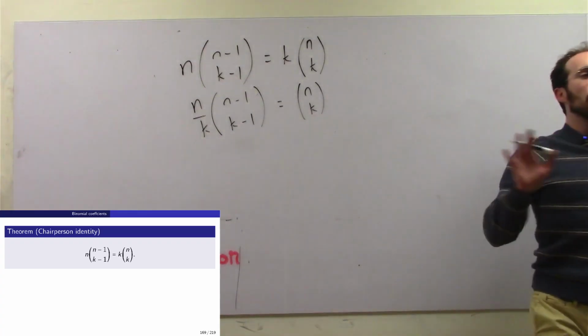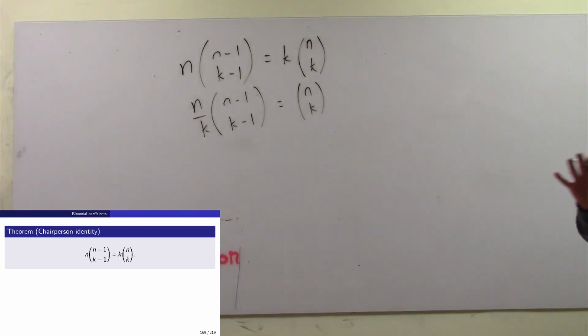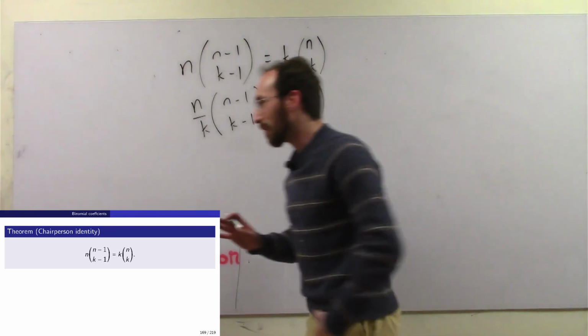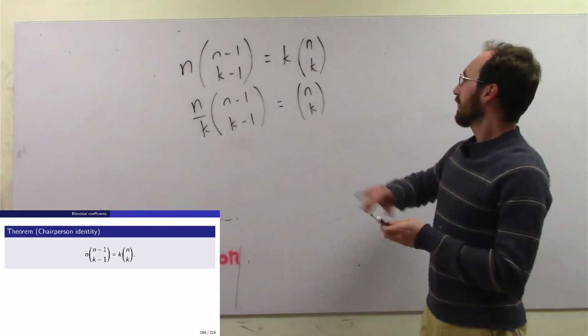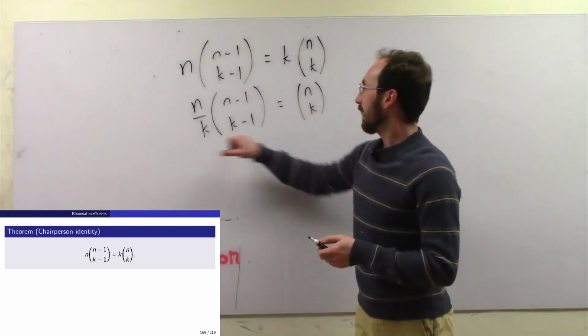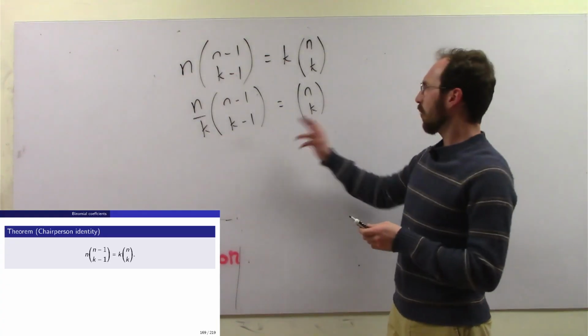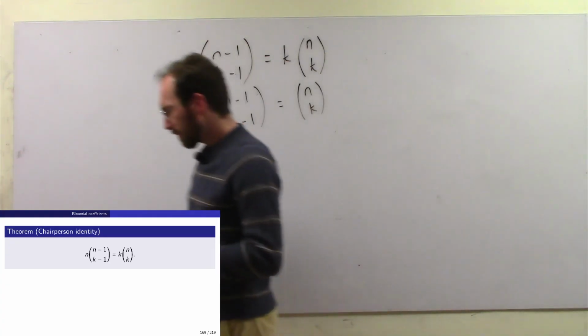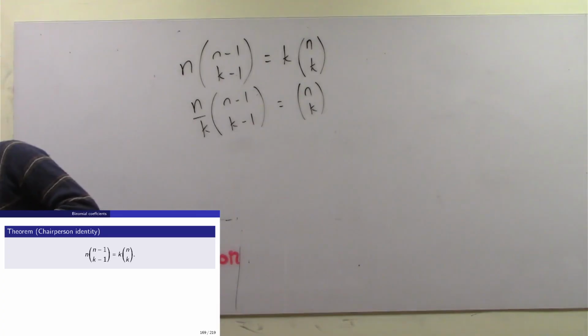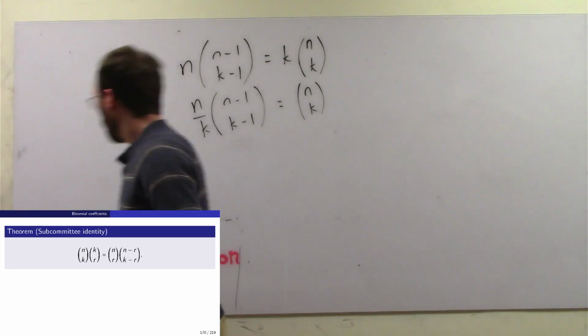A binomial coefficient is not a fraction. Don't get me wrong here, but there is this fun correspondence going on here. Now let's go on to our subcommittee identity.